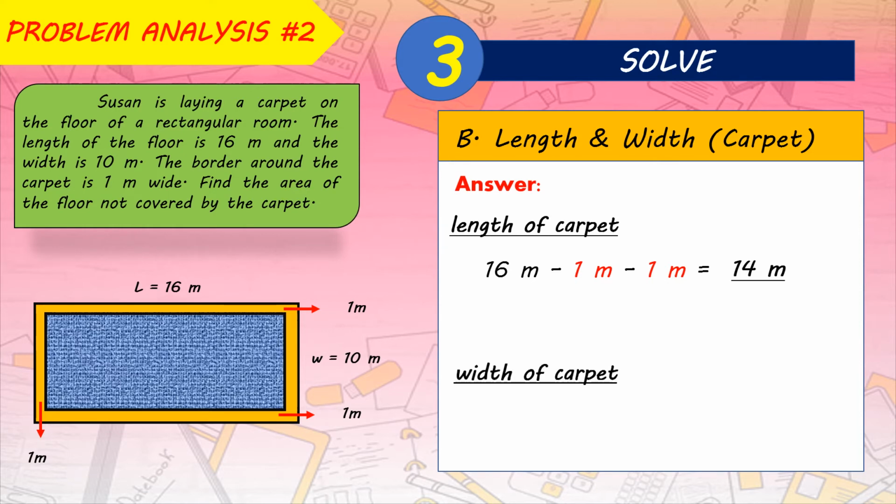Now we're going to get the width of the carpet. We have the width of the floor, which is 10 meters, minus the 1 meter border from the left side and the 1 meter border again from the other side. So we will have 8 meters. Very good.